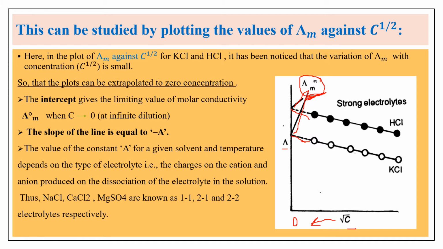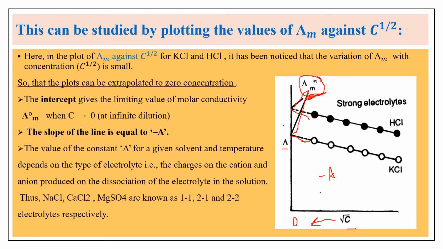When we approach concentration to zero, we get a molar conductivity, and that molar conductivity is known as molar conductivity at infinite dilution, when our dilution becomes infinite. So at that time, the intercept of this graph is known as limiting molar conductivity, that is Λm naught, and the slope for this graph will be equal to minus A, which comes from the Debye-Hückel-Onsager equation.